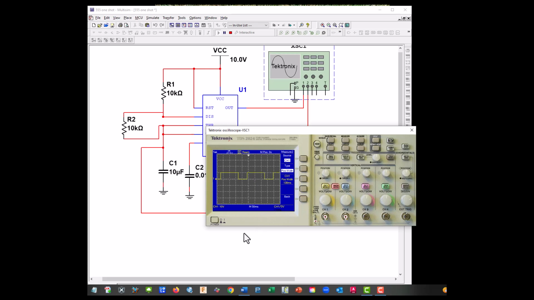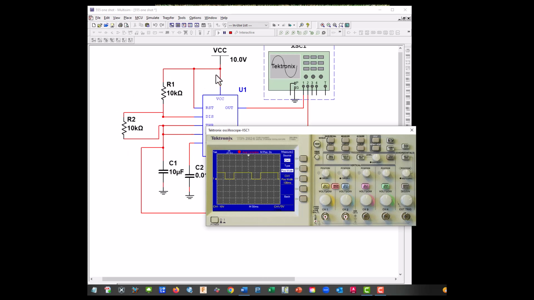This is called an astable multivibrator because it has a continuous wave. And let's go ahead and go to single. Now let's try again. Here we go. Alrighty, so here we have our output.